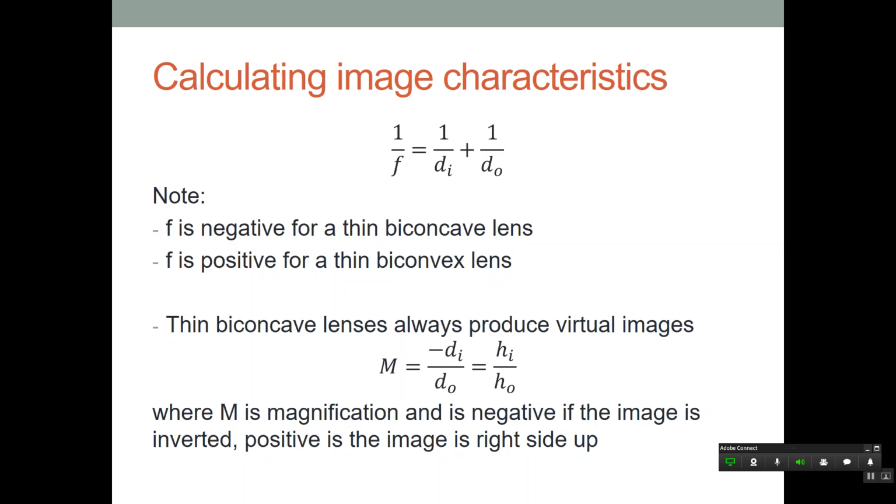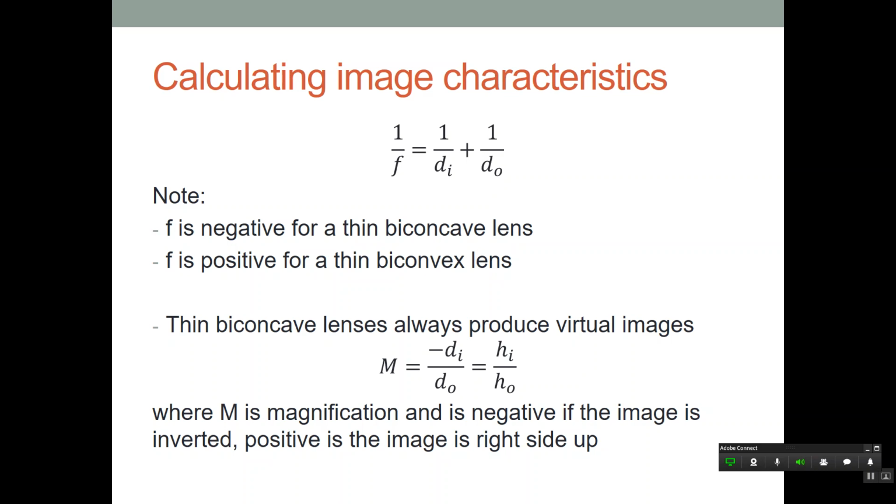I have a curved mirror, and here's my object, and I have an image that formed here, let's say. There's my image. That's a real image because it makes sense that the image is on the same side of the mirror because it reflects the rays. Right? If I had an image back here, it would be virtual because it doesn't make sense that an image is forming behind something that's opaque.